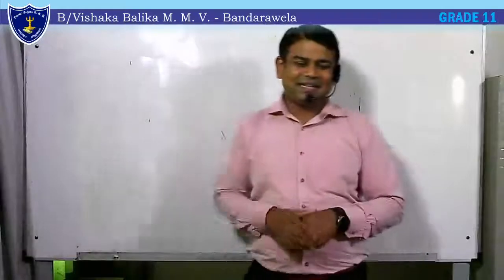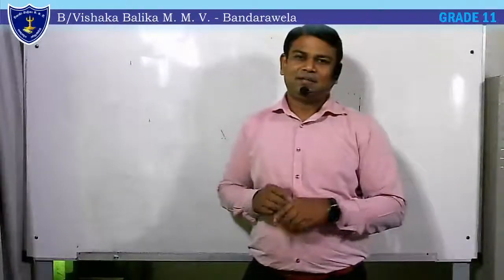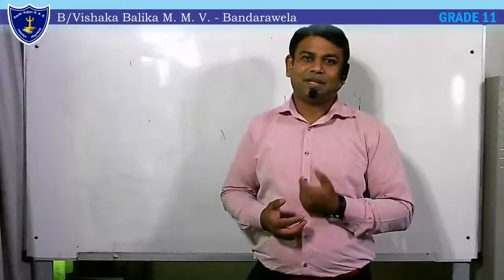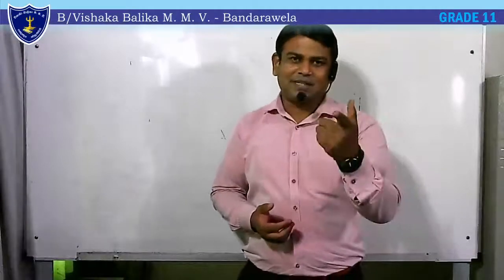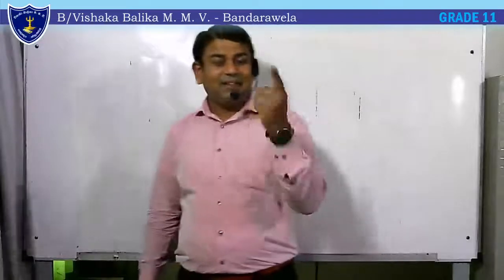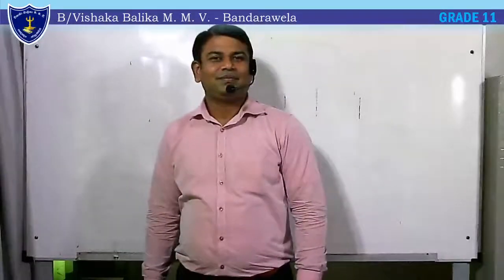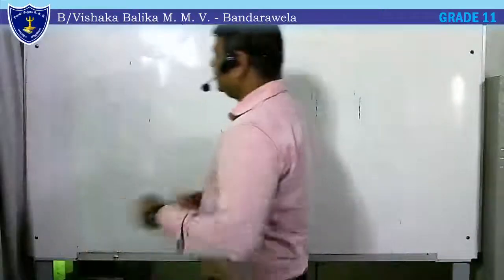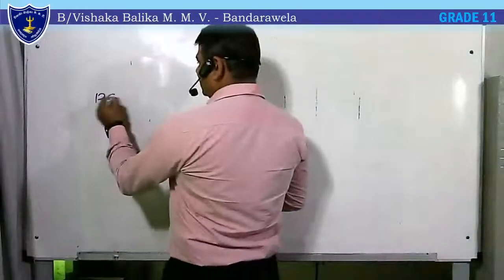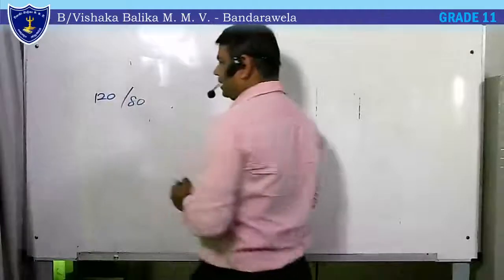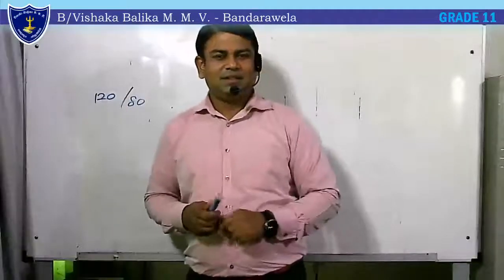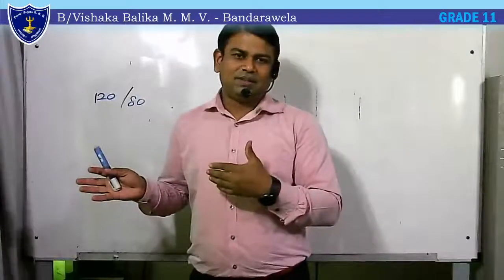Second disease is hypertension. People don't know that, but they say, I have pressure. Or they ask, do you have pressure? Anyone can say yes. Why is that? Pressure is a common thing. We all have pressure. What is our pressure? 120 to 80 millimeters of mercury. When the heart squeezes, there's high blood pressure. When the heart relaxes, low blood pressure.